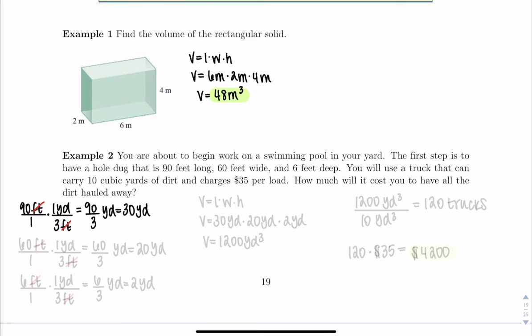We want to do the same thing for 60. So 60 feet times 1 yard over 3 feet. The feet cancel. And so we get 60 over 3 yards. And that's 20 yards.